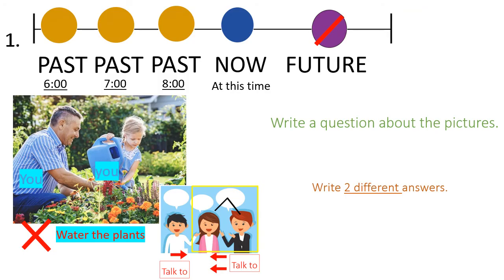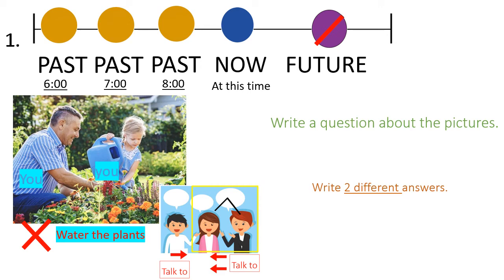So here is your homework. Look at number 1, look at the timeline, look at the action, look at the yes or no symbol. Do you see a green tick mark or a red X? And also look at this picture here. So this picture shows Lynn and Greg together in the same group talking to a person outside the group.